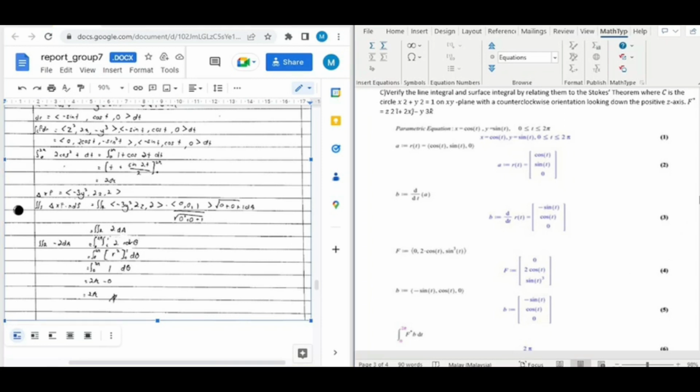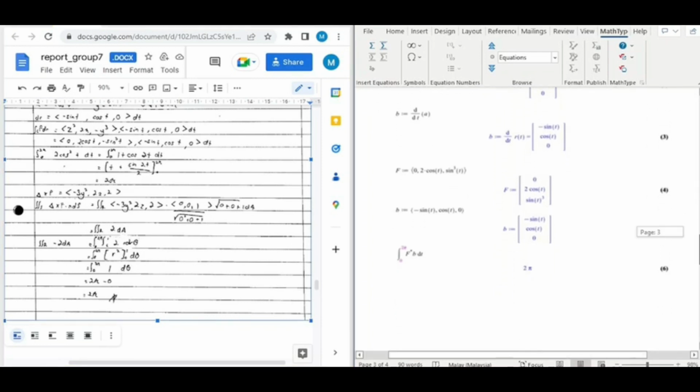For the final answer, put the limits 2 pi to 0, and then f dot b dt, and we will get 2 pi. So as we can see, the software solution answer is the same as the manual solution answer.